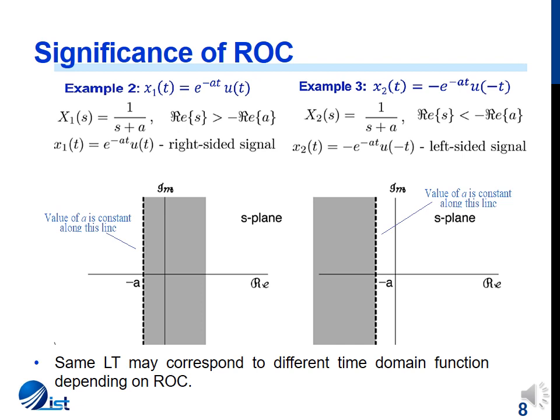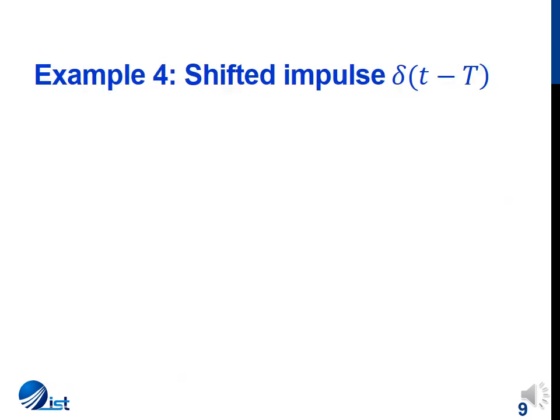Now, we see that the same Laplace transform may correspond to different time domain functions depending upon the ROC. So class, so far we have seen how we can determine the Laplace transform of a signal, and the Laplace transform of a signal is defined in a certain area which is known as the region of convergence.